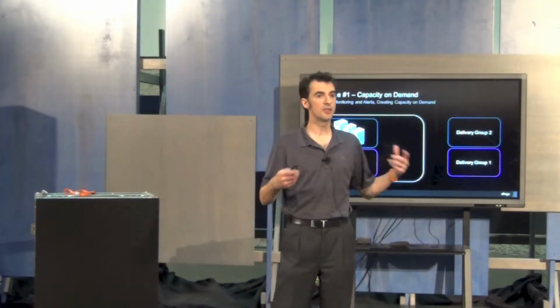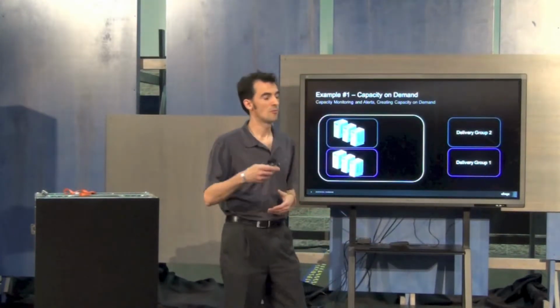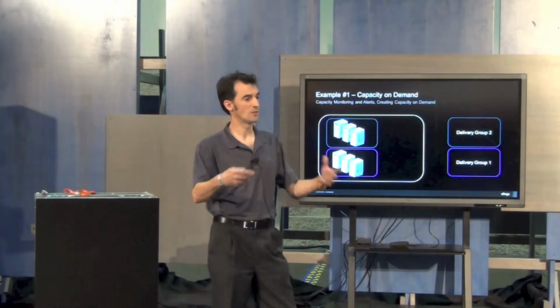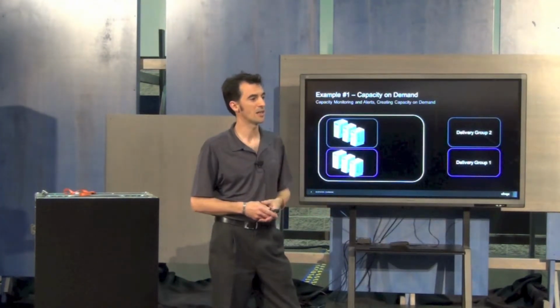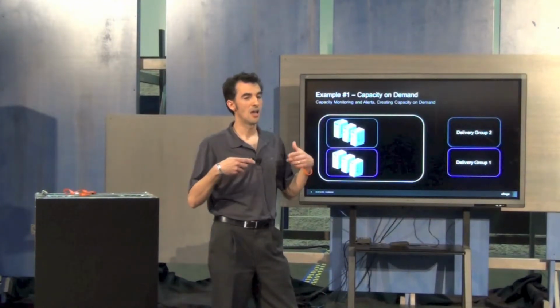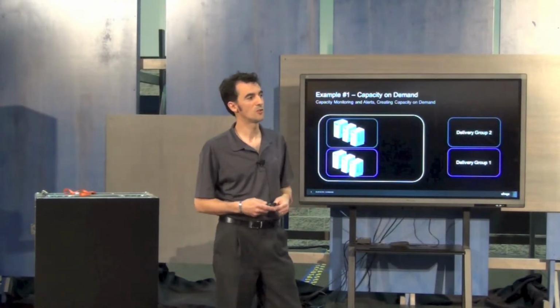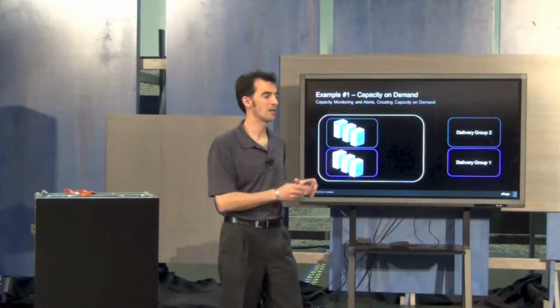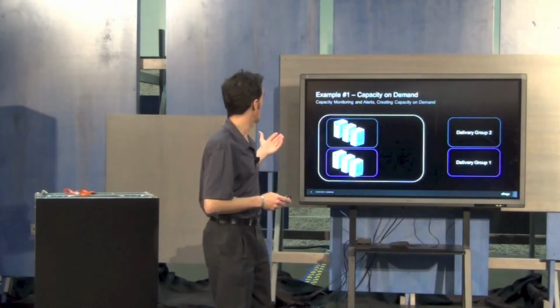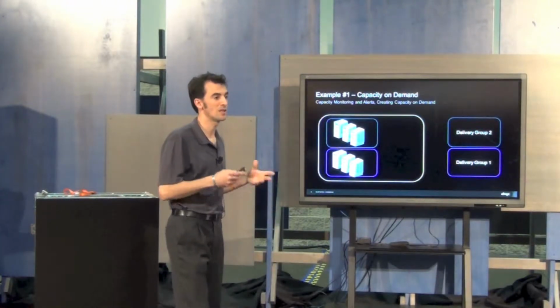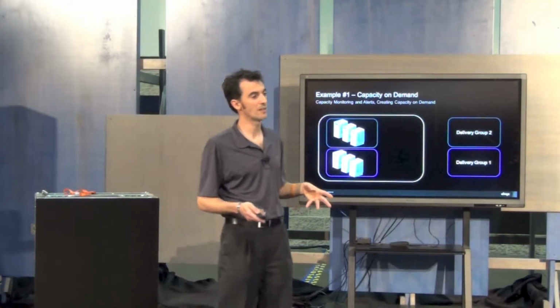Now, supposing your admin is busy away allocating delivery groups, consuming the back-end catalog. Wouldn't it be nice if you could separate out that allocation and have means of alerting, capacity monitoring for your back-end catalogs?